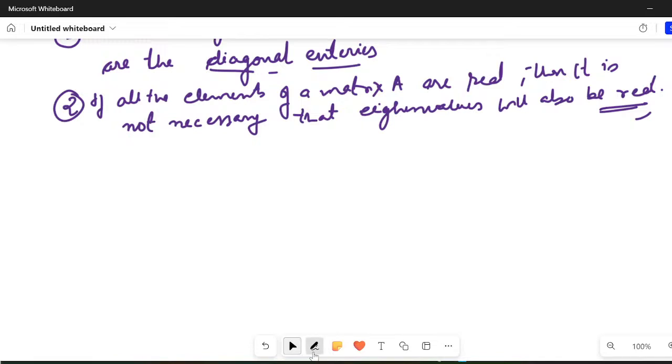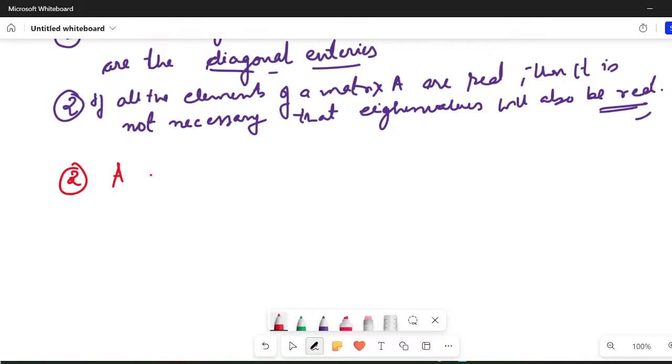One more important thing that I need to mention here. I think I have left it somewhere, but if I have not done it, let us do it here. Whether I take a matrix A or its transpose, the eigenvalues will not change.